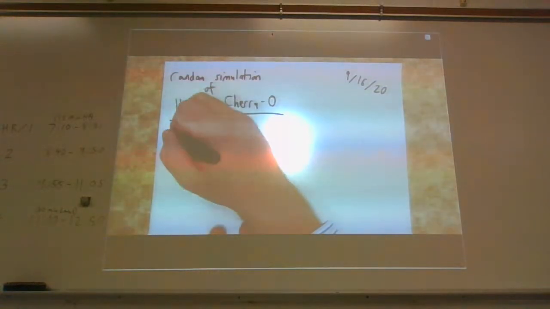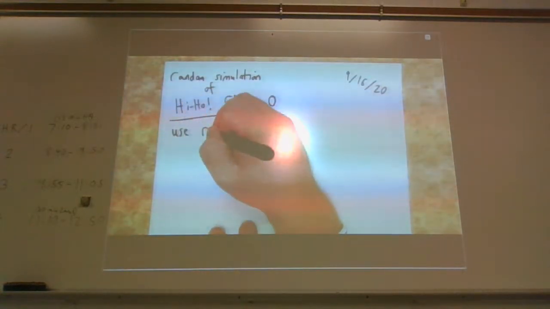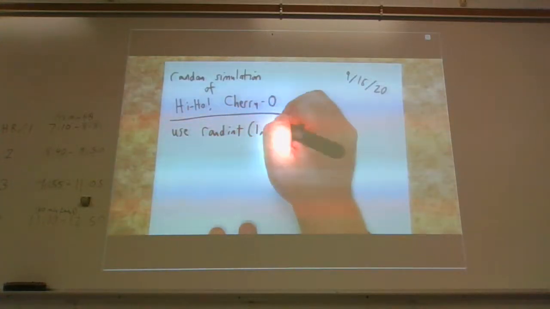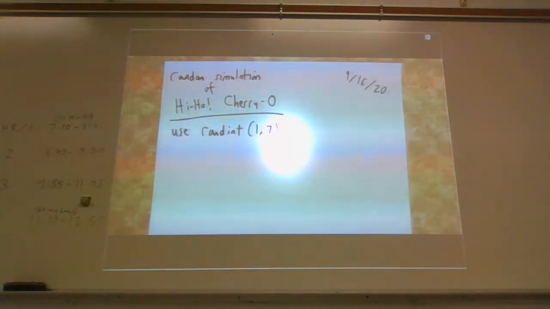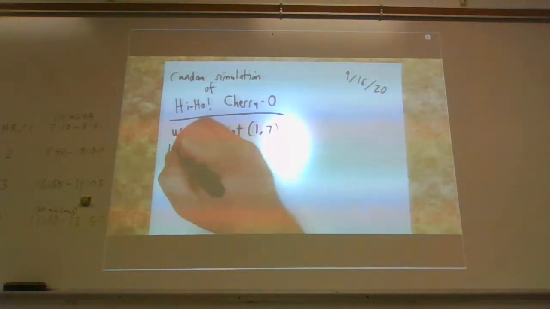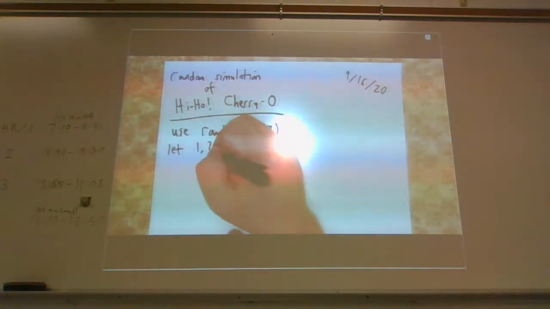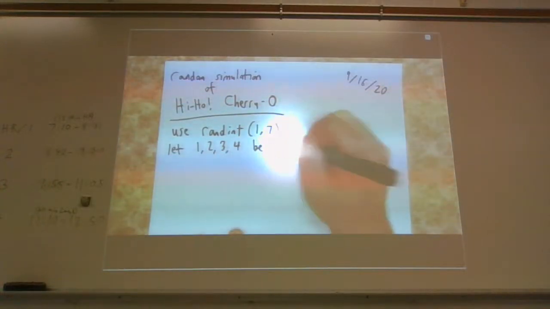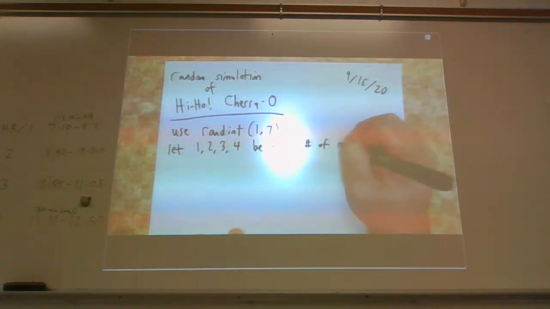Now, what we're going to use in this case, and I'm going to show you how to do this in a little bit, is something in our calculator called randInt(1,7). We'll deal with it when the time comes. And let's just say let 1, 2, 3, and 4 be that number of cherries.